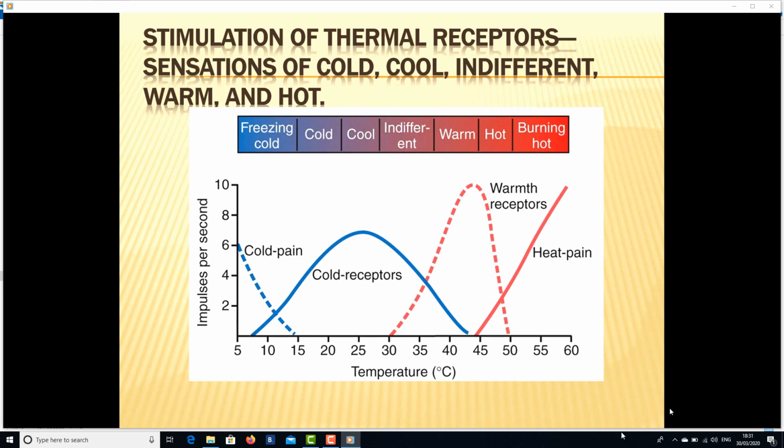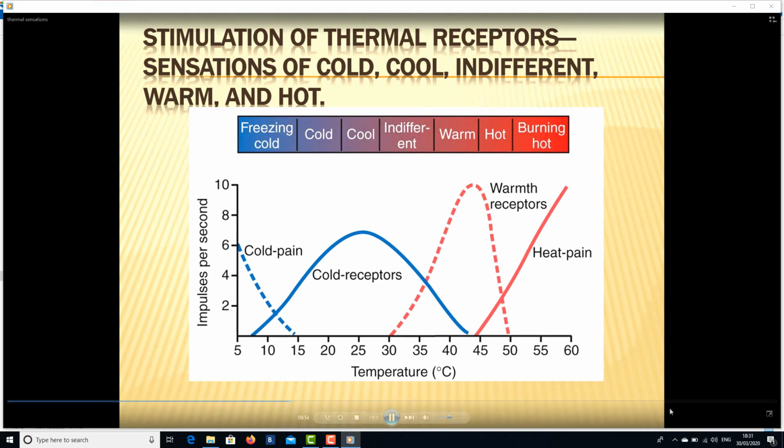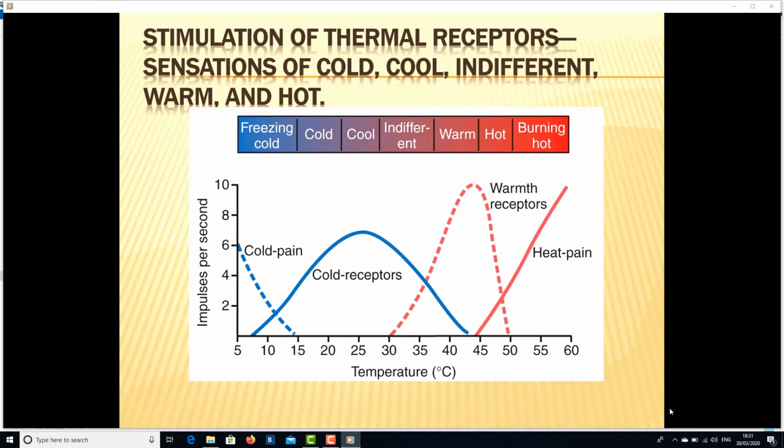At the same time, at 30 degrees centigrade, the warmth receptors start to respond, and this response stops at 50 degrees centigrade. At 45 to 50 degrees centigrade, all the nerve fibers start to get damaged because of the intensive heat given to them.